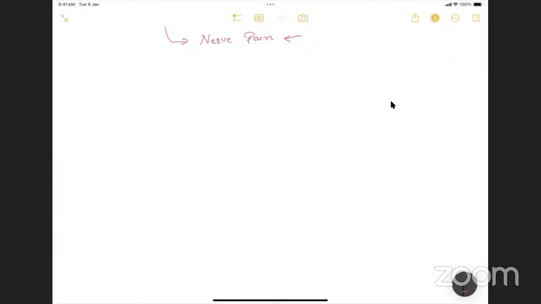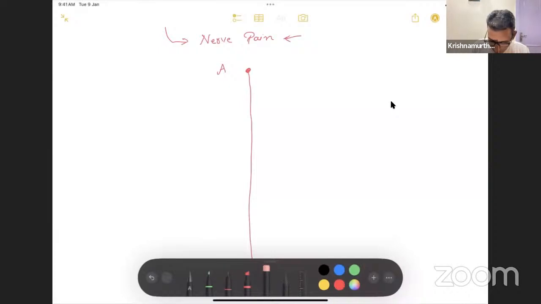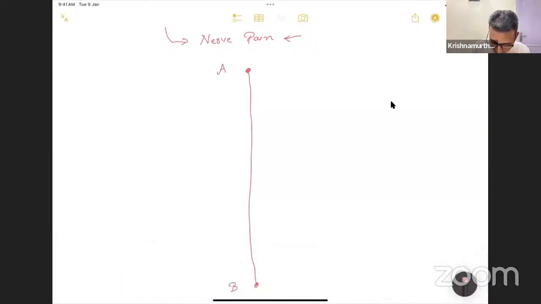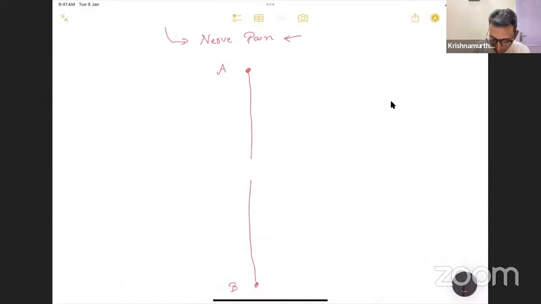You have a long distance to cover, you have to move from A to B. You will not have one single connection, because if there is a break, the entire connection is lost, from A to B the entire thing is lost. And to repair it, you have to replace the entire thing.